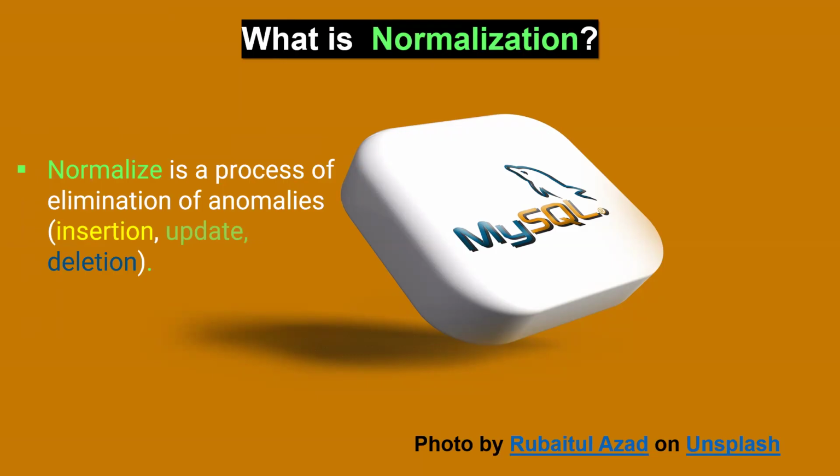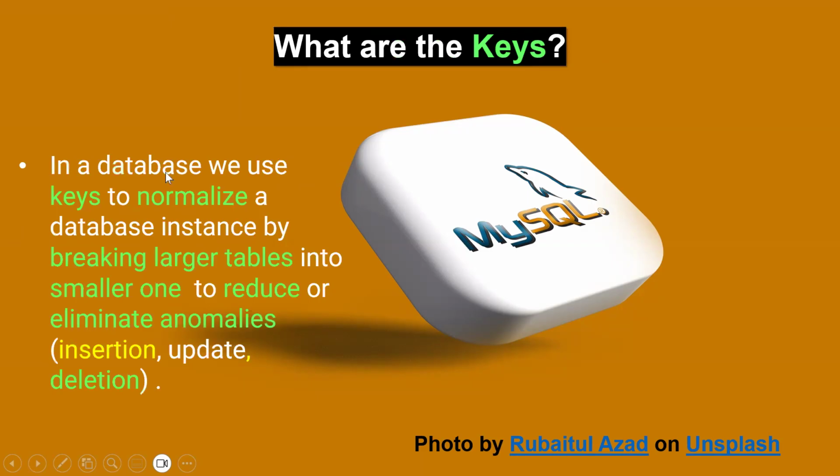Then all of a sudden when you delete it, it deletes all of them. Or you delete two of them and there are still redundancies on the database. So when you do normalization, you're just getting rid of anomalies that are insertion, update, or deletion.